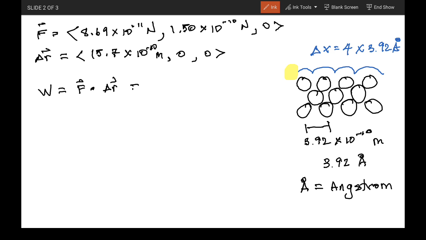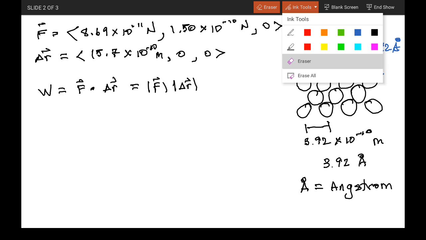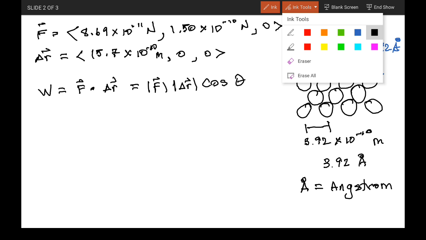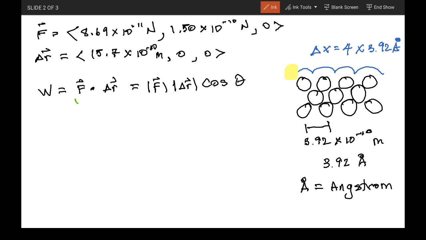And we also have enough information to write down the magnitude of each of these vectors, but we don't know the angle. So let's just take each piece here. Let's start with this dot product here.